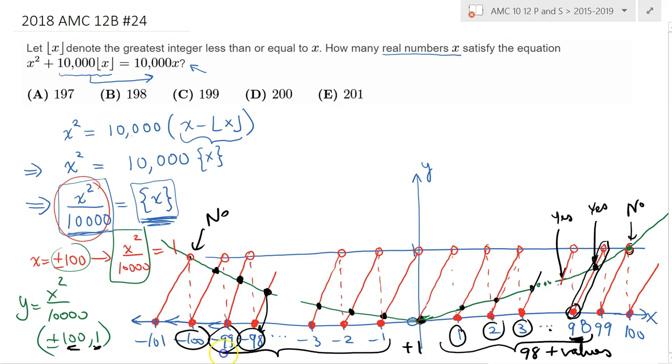So if you count all these points, there are 100 negative intersection points plus 0, and then we have 98 positive intersection points. So in total, we are expecting to have 199 real numbers x that satisfy the equation, and that solves our problem.